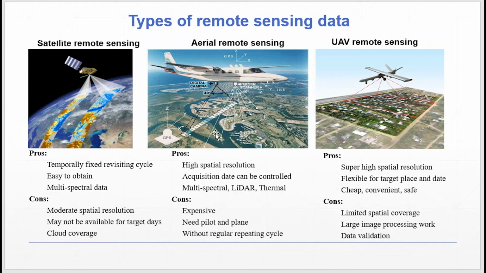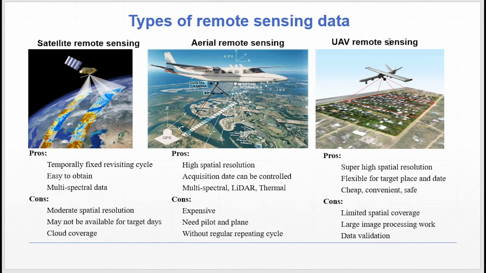Traditionally, we use different kinds of remote sensing methods for assessing the coastal ecosystem. Those include satellite remote sensing. Although the satellite can retrieve historical data and has a temporal revisiting cycle, its spatial resolution is relatively coarse. The aerial data, on the other hand, can provide very high spatial resolution, but it's very expensive because we need to rent the airplane and hire the pilot.